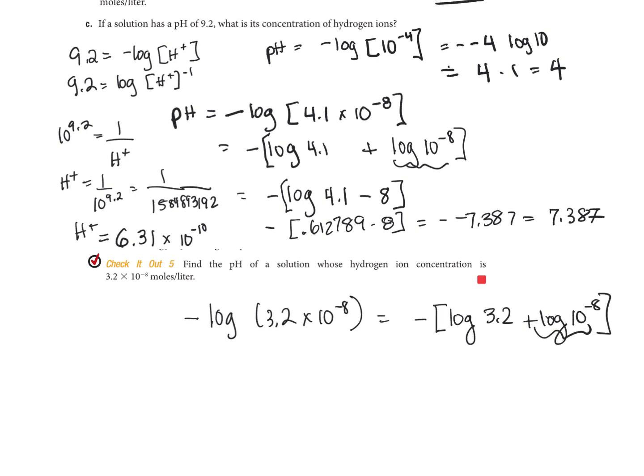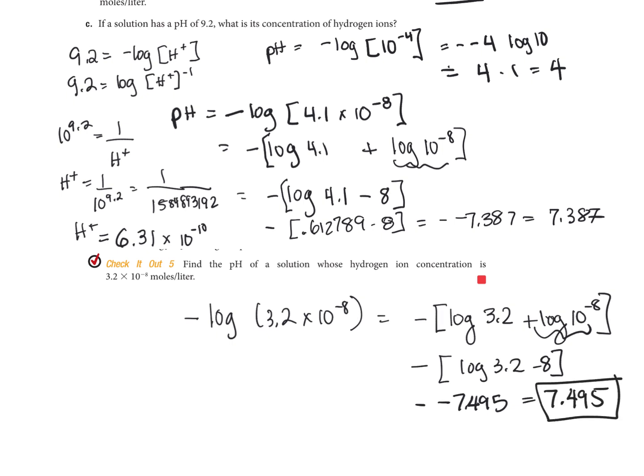This goes to -8. Log of 3.2 minus 8 is -7.495, negative, positive. There we go.